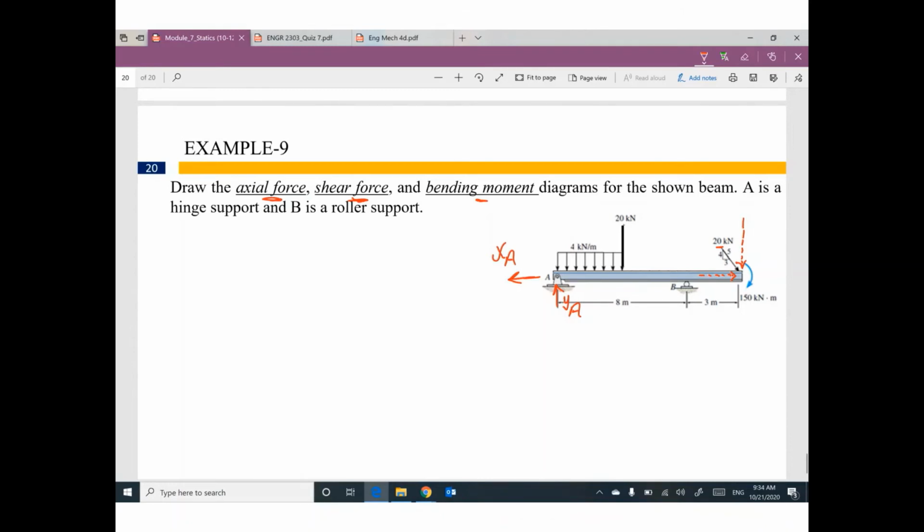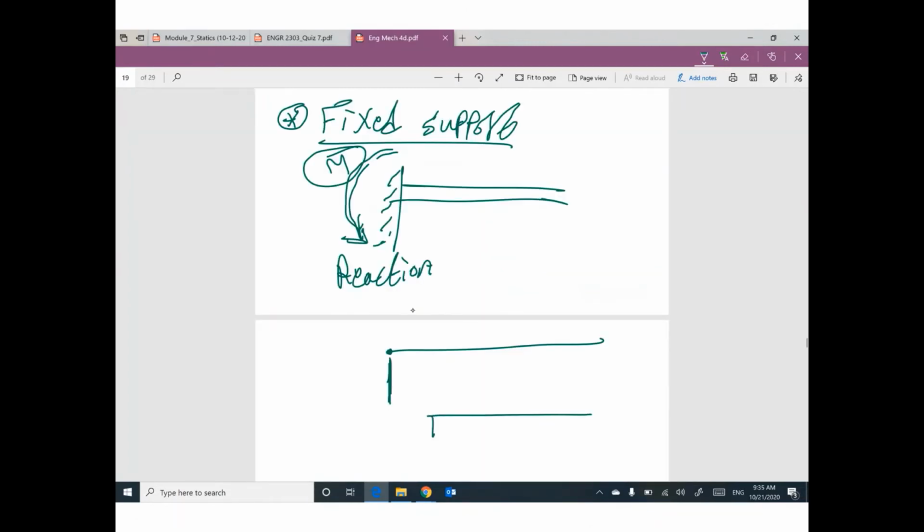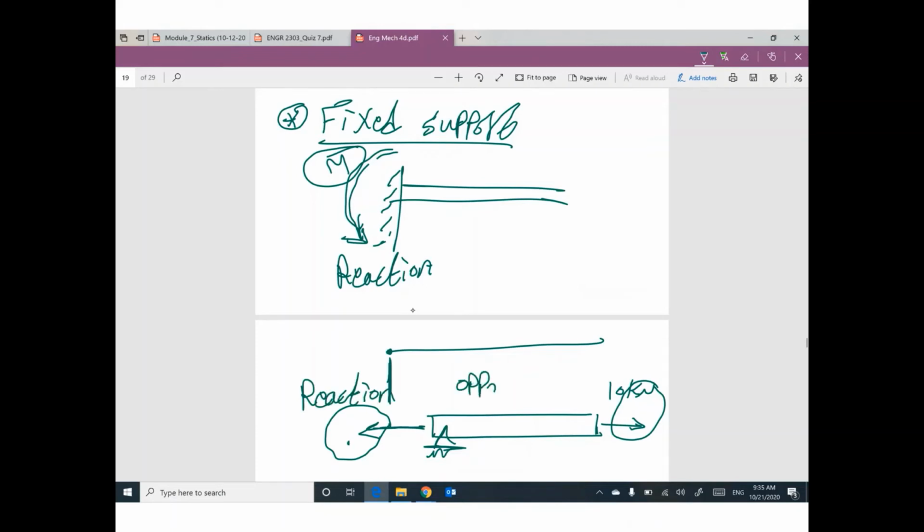You can assume what you want, but I would like to think a little bit. If you have a beam and you have a 10 kilonewton force here, I believe the reaction will be in the opposite direction. Why? Because if you add this value plus this value, you get 0. You can maintain equilibrium, because the reaction is opposite to the action.